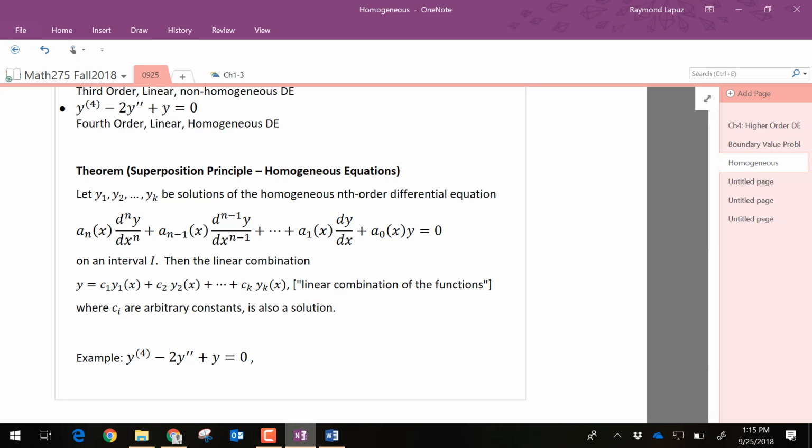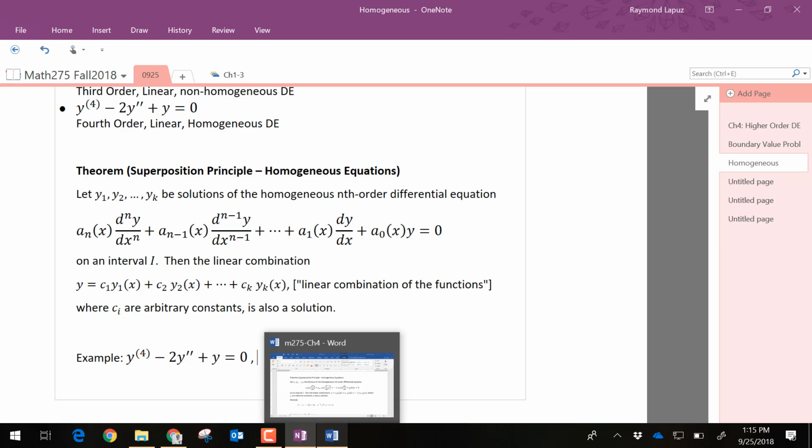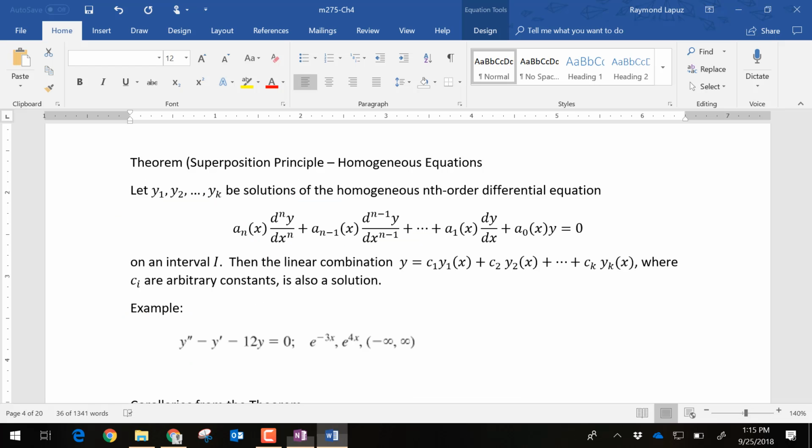Actually, there's an actual example. Maybe I should just stick with that. When I try to come up with my own examples, they tend to go bad. Here's one.